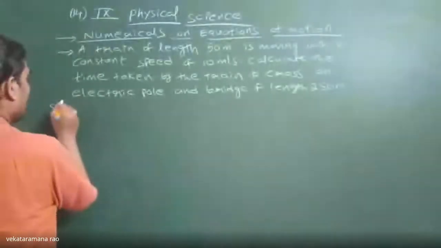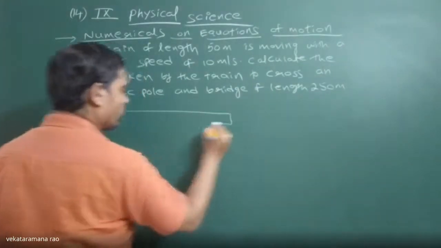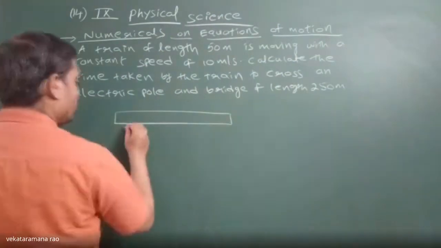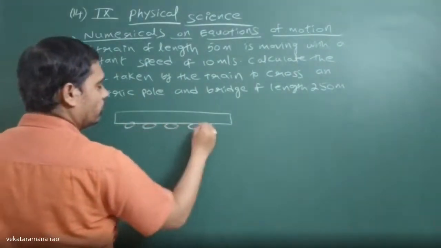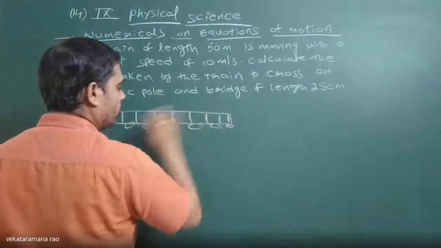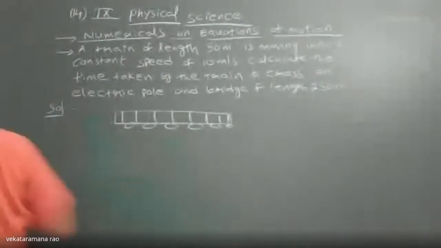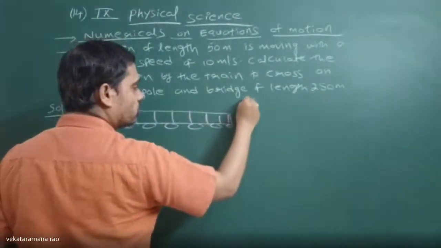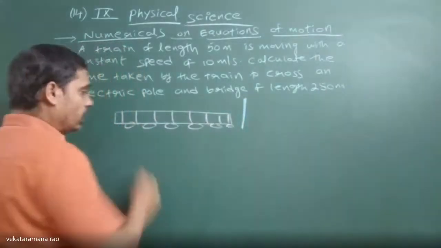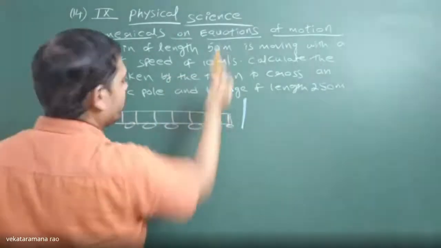To cross the pole, suppose this is the train we have, and then there is one pole. What is the length of the train? 50 meters.